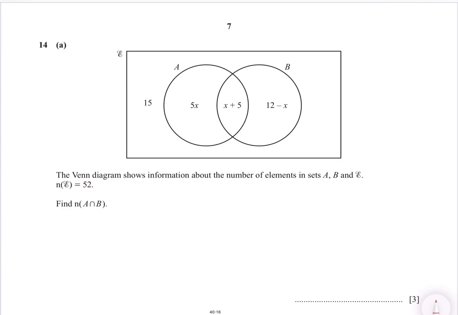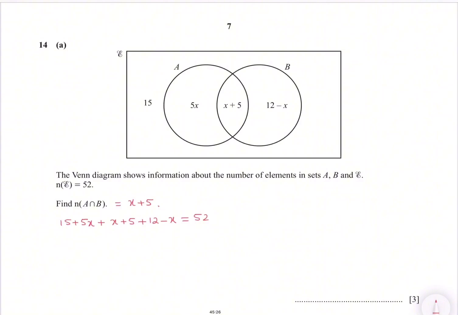The Venn diagram shows information about the number of elements in sets A, B and the universal set. n of universal is 52. Find n of A intersection B. In A intersection B we have x plus 5. You add all the values in the universal set, which means the values written inside the rectangle.